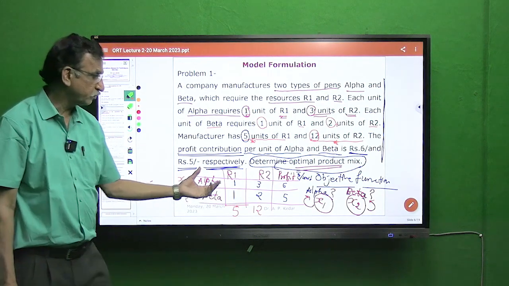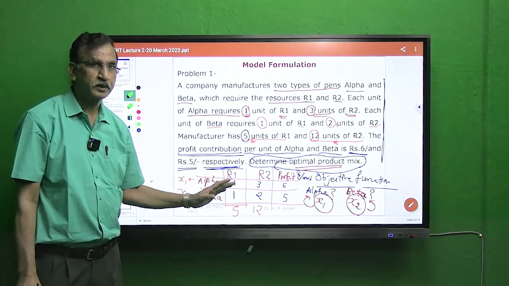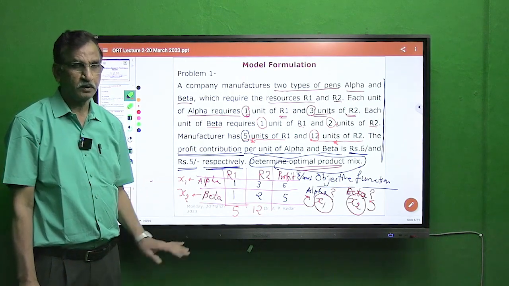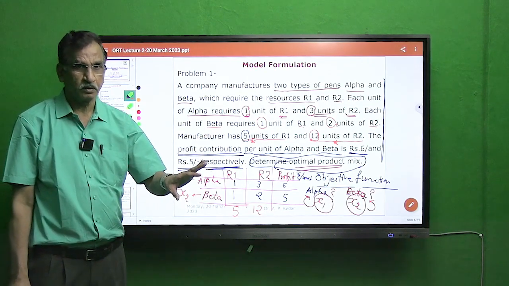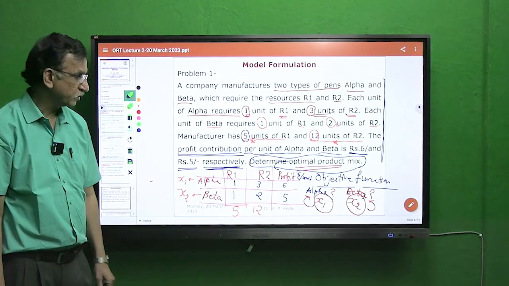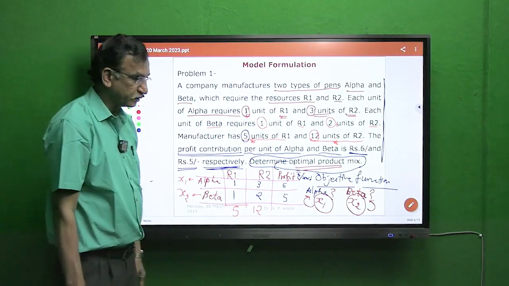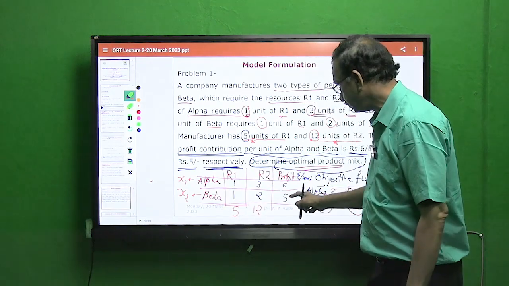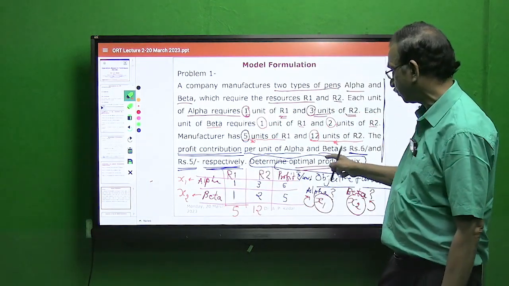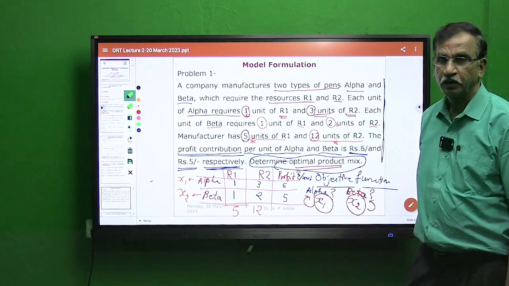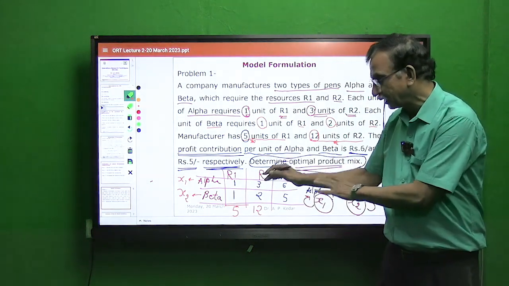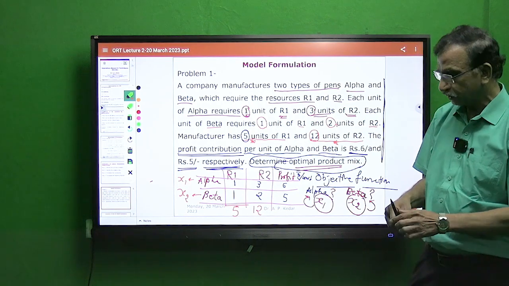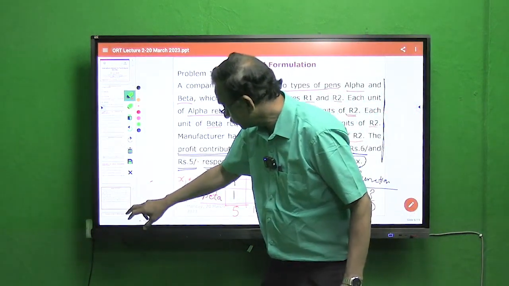Now this table is the complete table for our model formulation. I have brought all this information into tabular form, and once it is correctly brought in, I can write the formulated version.